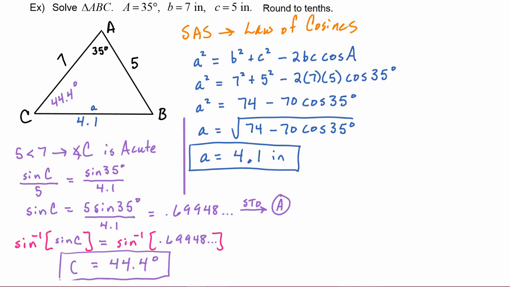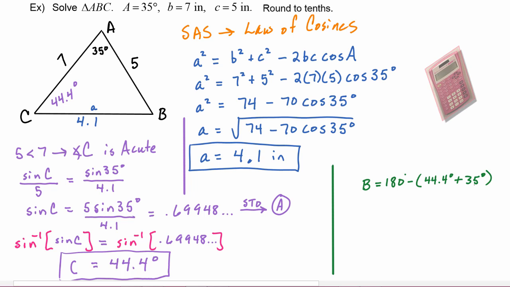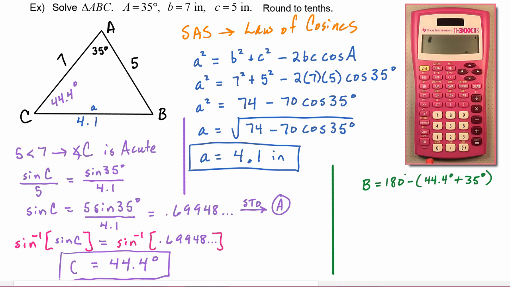Now to find angle B, we can use the Triangle Sum Theorem. So angle B is going to equal 180 degrees minus the sum of 44.4 degrees plus 35 degrees. Grab your calculator and enter that.